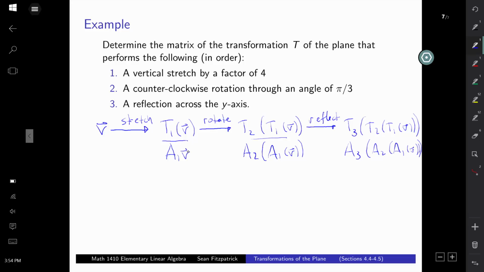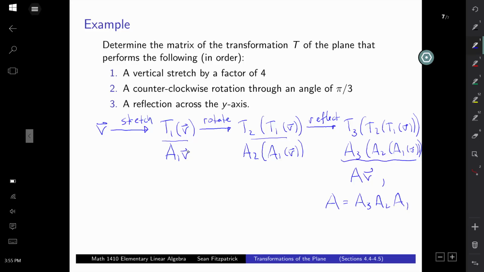I could write this as simply A times v, where A is A3 A2 A1. Be careful of the order: it goes 3, 2, 1, not 1, 2, 3, simply because the input always goes on the right. Each time you apply a new function, it is applied to the left of what you already have.